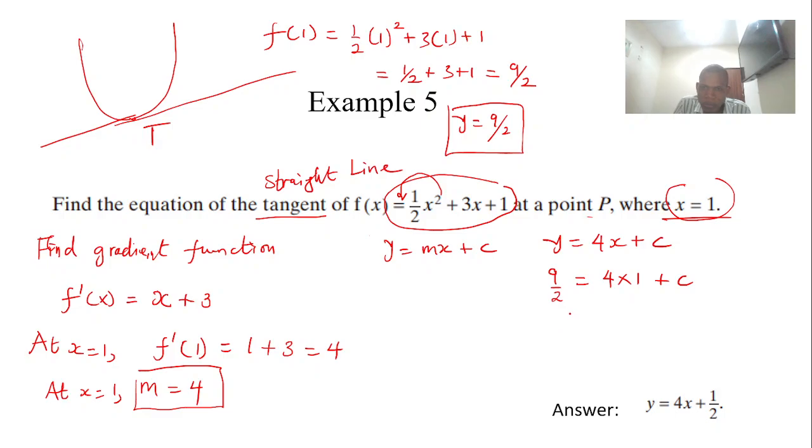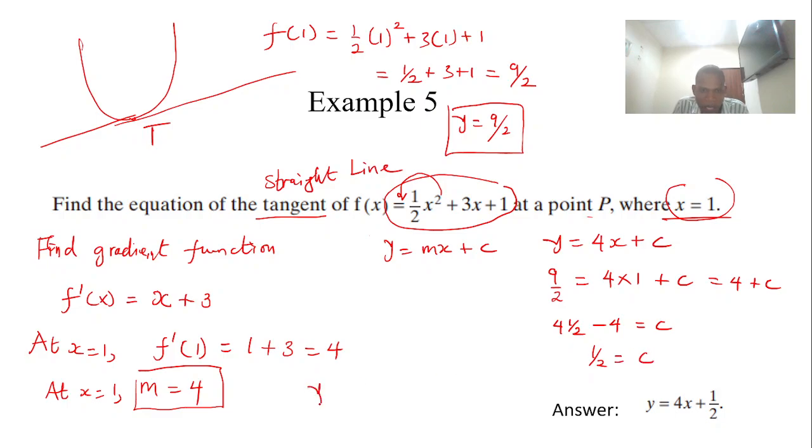So basically I have 4 plus c. This is 4.5 on the left, then minus 4 is equal to c. I only change this 9/2 to a mixed fraction. I took 4 across. This is half equal to c. So my c is half.